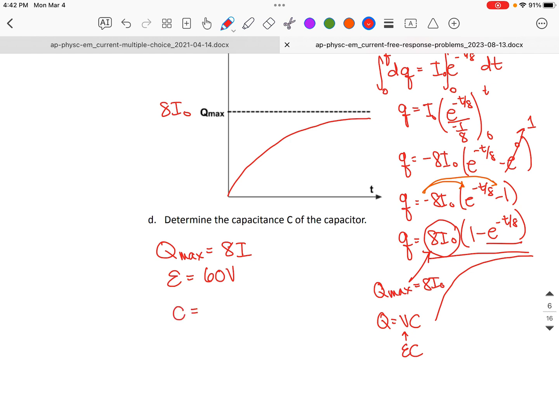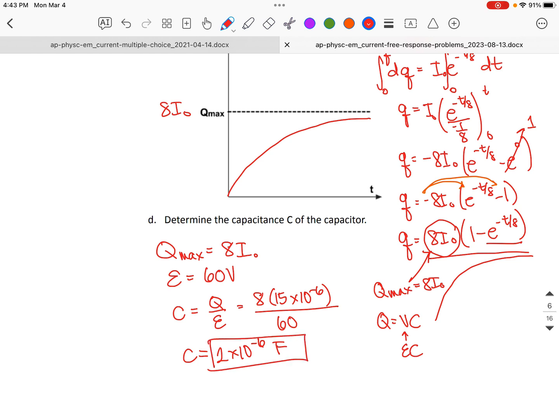So C is equal to charge over voltage, or epsilon, which is 8 times 15 times 10 to the negative 6, all over 60 volts. And in the end, we get a capacitance value of 2 times 10 to the negative 6 farads. So that would be part D.